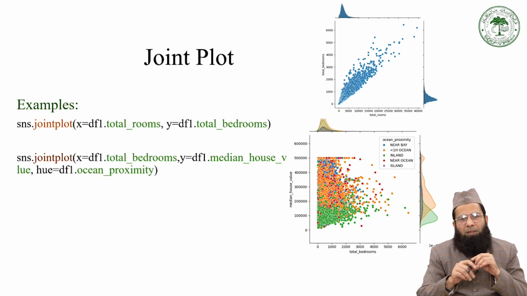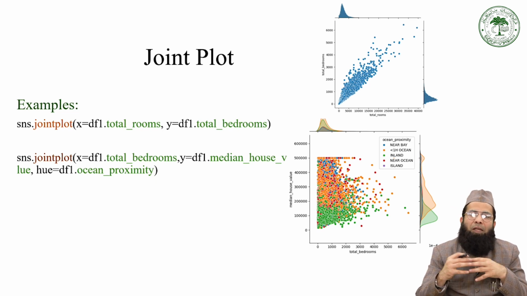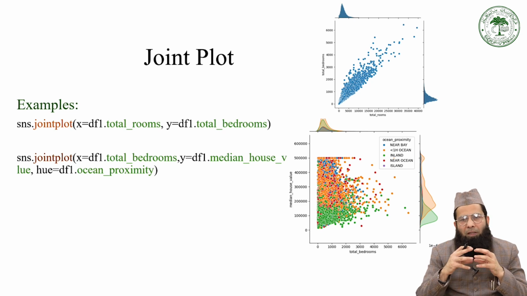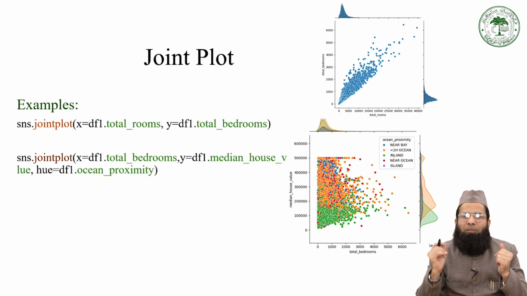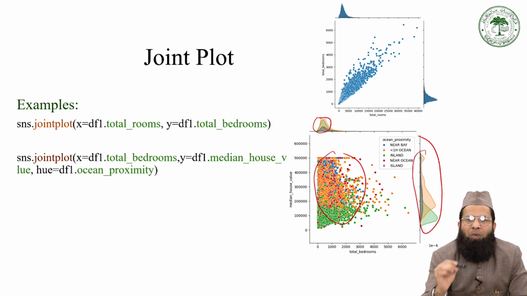Now we'll discuss the joint plot and the purpose of drawing it. A joint plot is a composite visualization that integrates three plots simultaneously. So there is one plot here, one plot here, and one plot here, right?